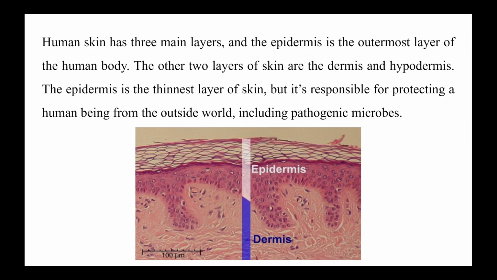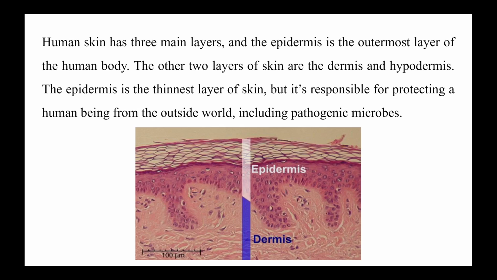not packaged. Similarly, if our body did not have this epidermis layer, our body would have been in contact with the outside world with all the pathogenic microbes directly. So epidermis is kind of that wrapper that is preventing our body from coming in contact with those pathogens directly.